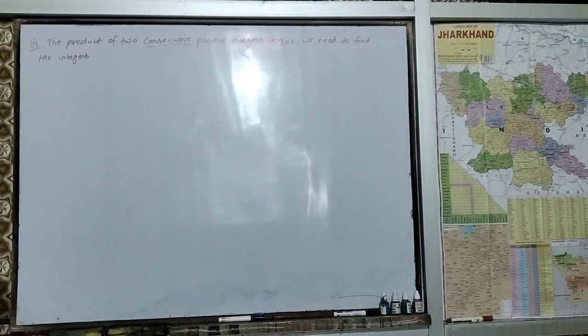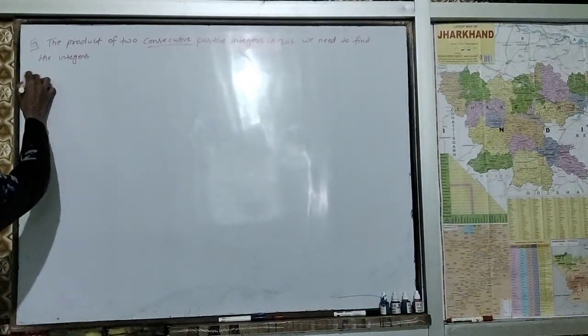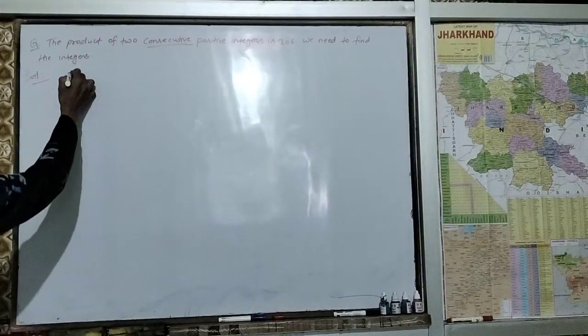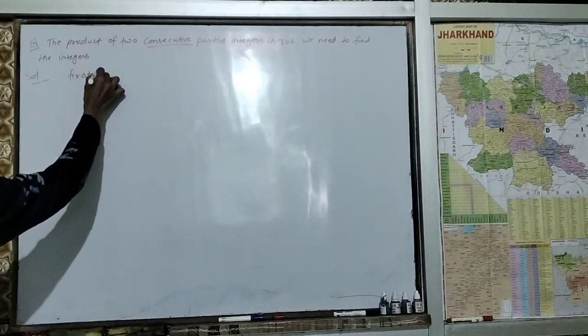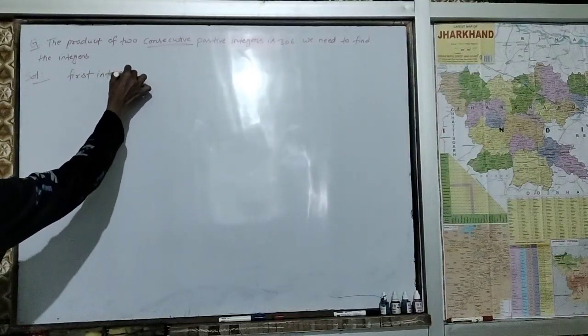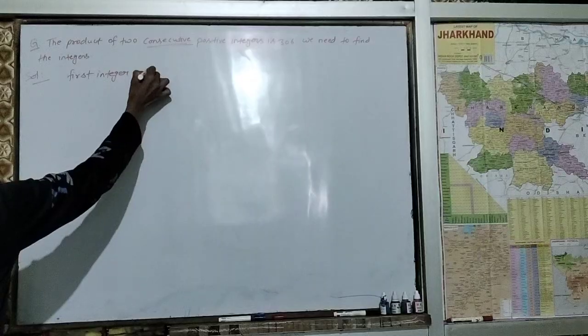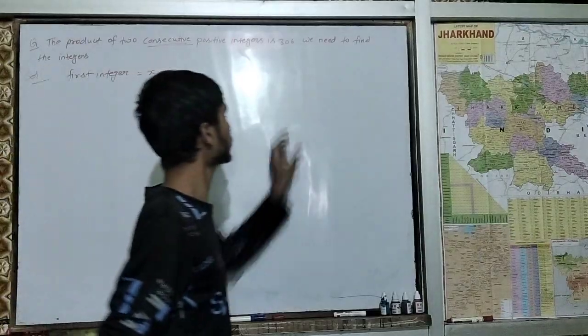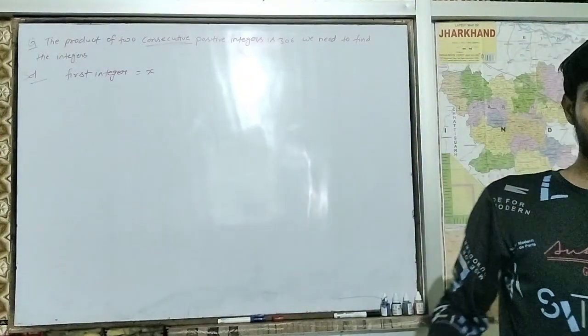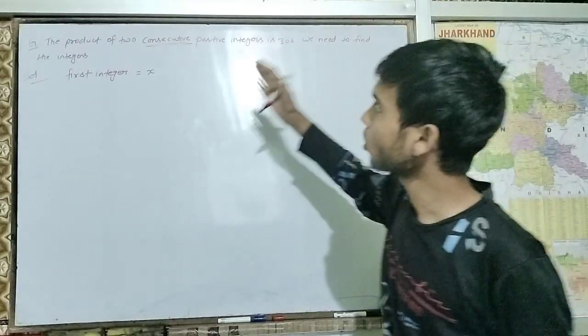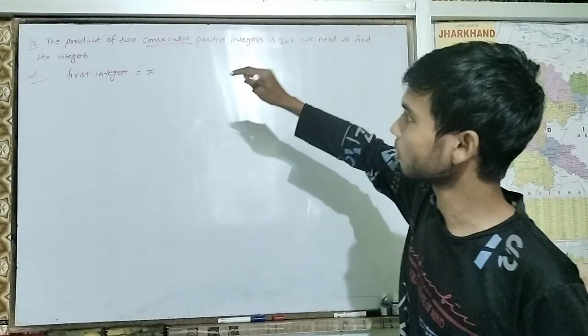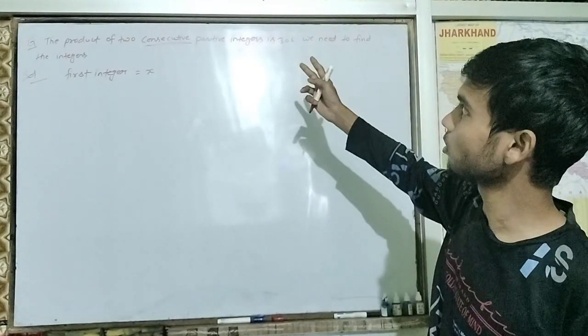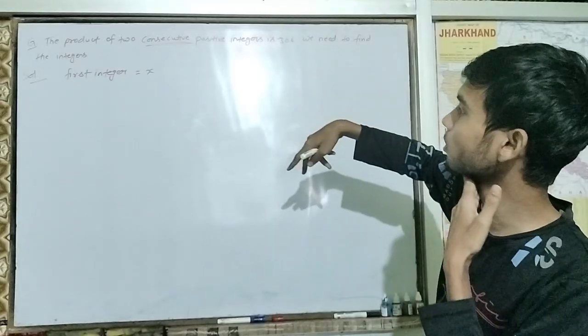It means first integer, let's say this is x. So the product, not sum, of two consecutive positive integers is this much.